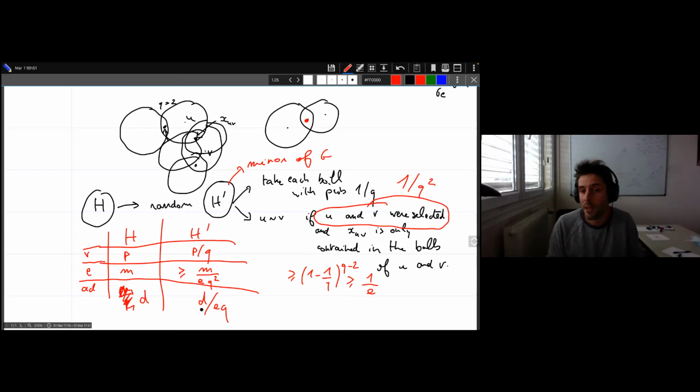So this is a minor of G, and G is planar. So the average degree here is at most 6, because a planar graph has average degree at most 6. This proves that the original average degree is at most 6eQ, and this is exactly what we wanted to prove. Okay.